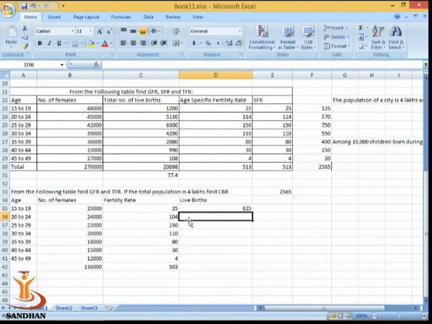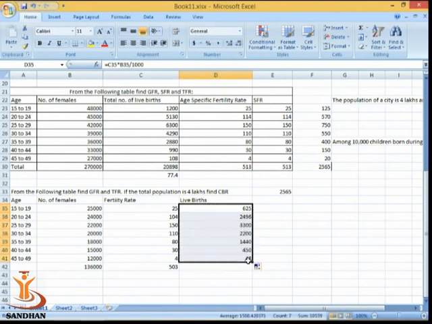Same way for this, equal to this fertility rate multiplied by that population of that age group itself divided by 1000. So in this way, if we do for each and every age group, we are getting this.